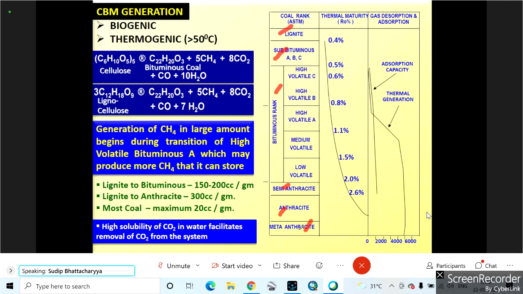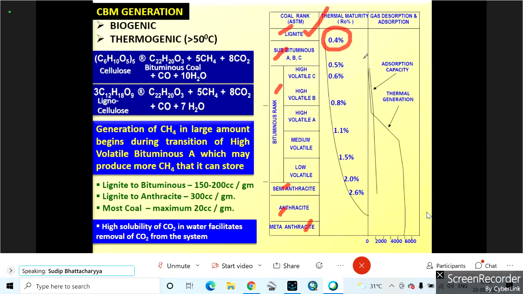Type 3 kerogen ultimately gives you coal or lignite. We know it now. If it is type 3 kerogen and your thermal maturity value is less than 0.4, you will get lignite from there.